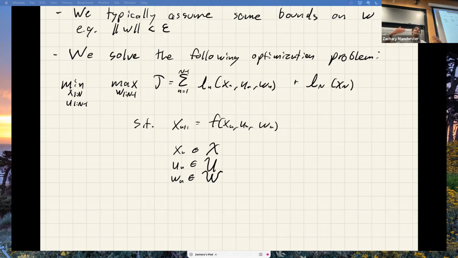So they're basically fighting each other. One's trying to push the cost as high as possible. The other one's trying to push it as low as possible. You might call this a game against nature, in the case where the W's the environment. You can think about it also as two players playing a game, and the rules of the game are F and J. And each player is trying to win and do the best they can, right?